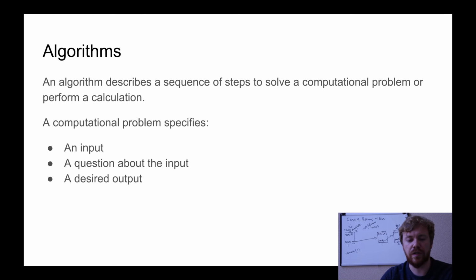So if we look, an algorithm describes a sequence of steps to solve a computational problem or perform a calculation. So a computational problem specifies an input, a question about the input, and a desired output.